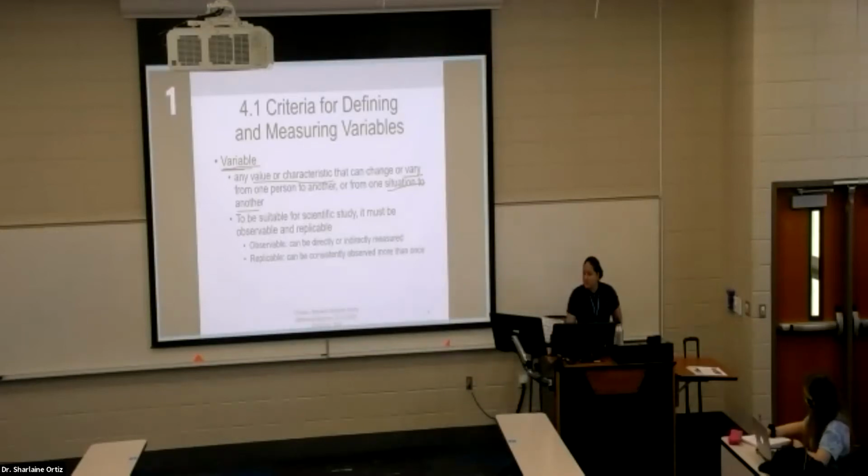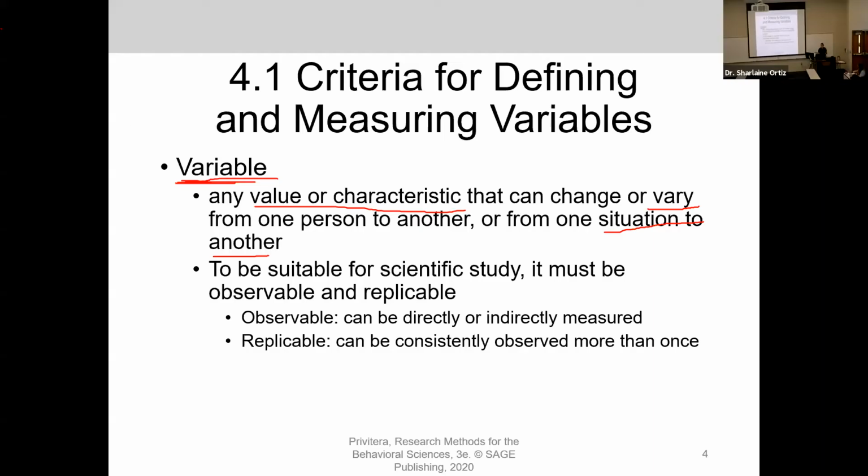Generally, when we are referring to a variable, we are doing so in order to make it suitable for scientific study. So I believe in the past, we have talked about, say, for example, defining a term, right?